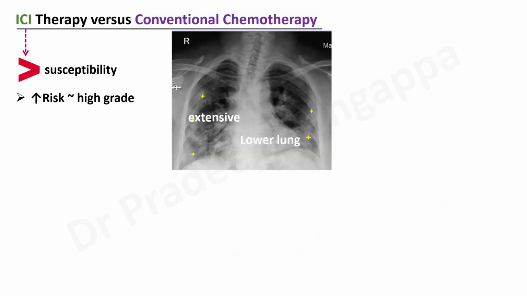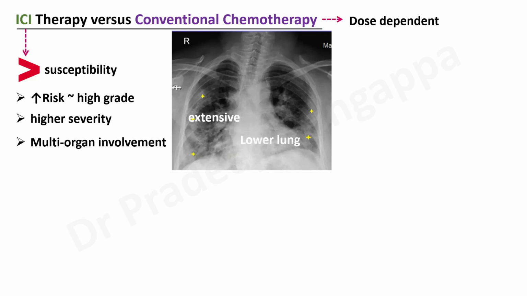And it is of a more severe grade when they develop it, with higher severity, and multi-organ involvement tends to happen. You can remember that human body I showed from head to toe. When there is immune therapy, it can affect any organ in the body. So that is something one needs to keep in mind.